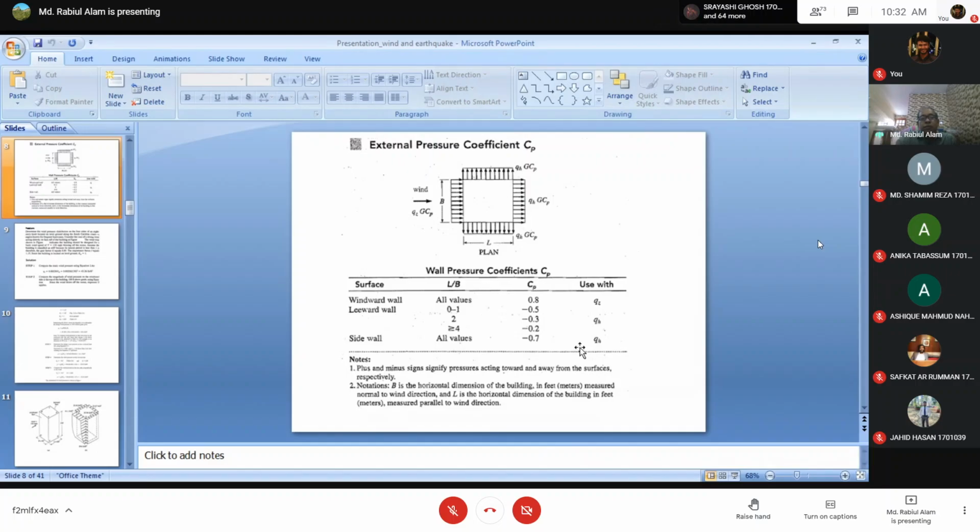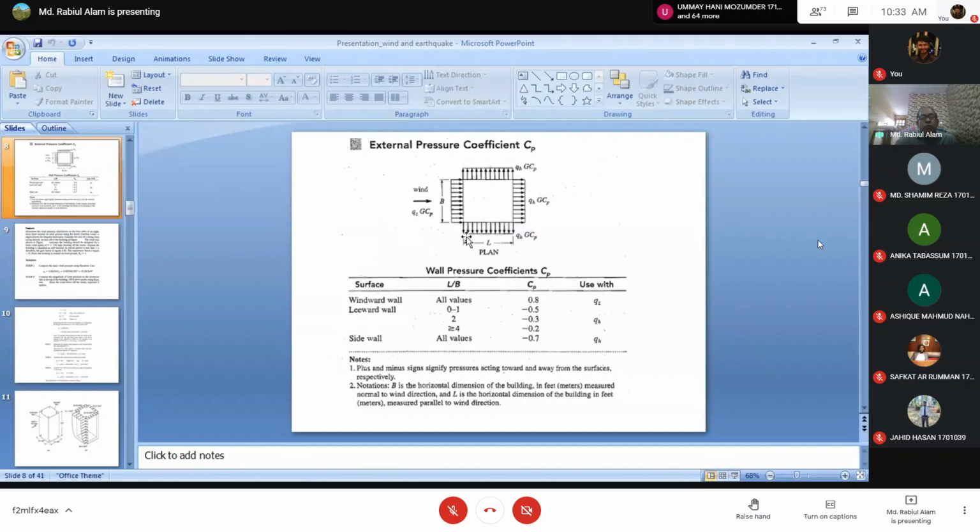Here in this table you will see the windward wall, that means where the wind directly hits. For the windward wall the value of 0.8 is considered at all heights, from the ground to the top of the building. But on the leeward side, the pressure coefficient is not the same for all buildings.